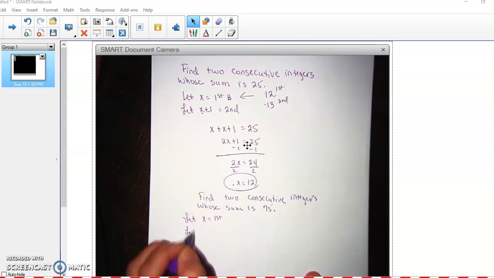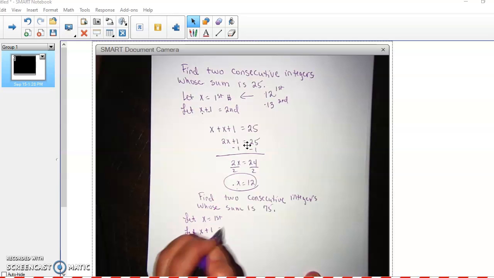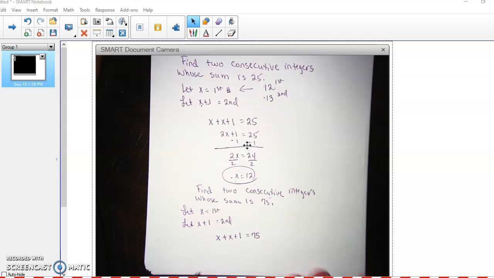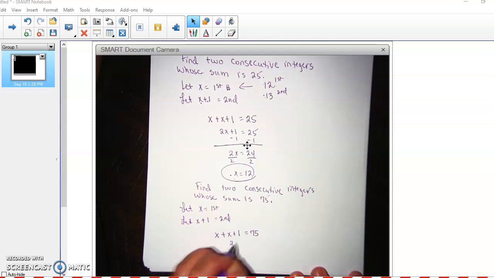To find my second number, I have to add 1 to that first one, right? 1, 2, 3, so I'd have to add 1. Now I'm going to say x plus x plus 1 equals 75. Adding them together, I get 2x plus 1 equals 75. Then I'm going to subtract 1, and I'm going to solve.